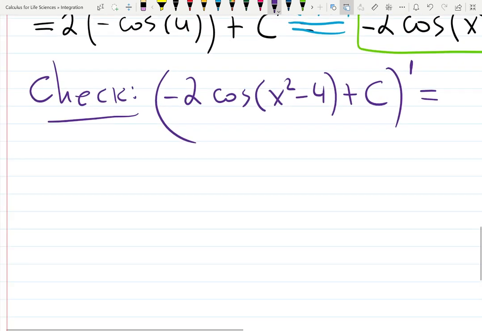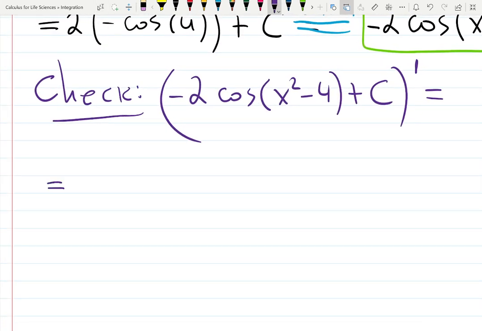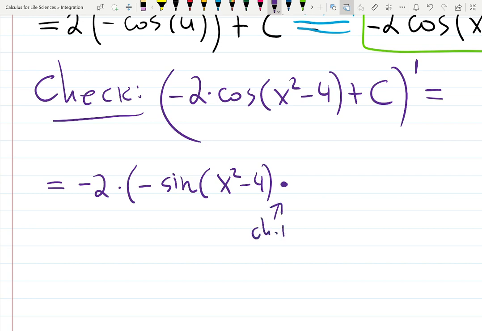And now you will see that we're going to do chain rule. Minus 2 stays. Derivative of cosine is minus sine. Copy the part inside, that's chain rule. But then times the derivative of the function inside. The function inside is x squared minus 4.